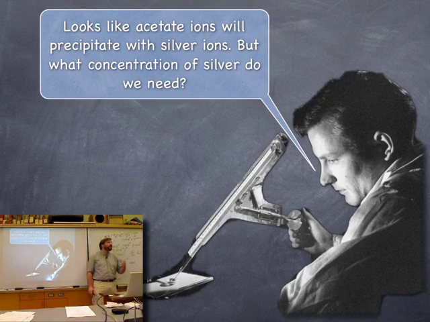Now, we know that acetate ions and silver ions will react and their solubility is very low, so we would consider that insoluble. Our simple solubility rules would let us know that acetate and silver ions essentially precipitate out. But we want to add just the bare minimum amount of silver ions to remove most of the acetate ions.